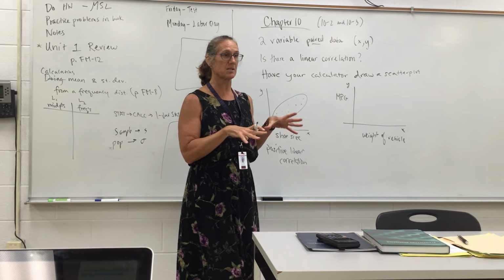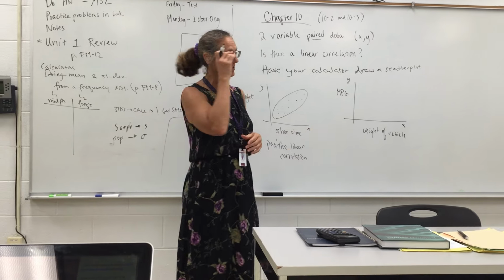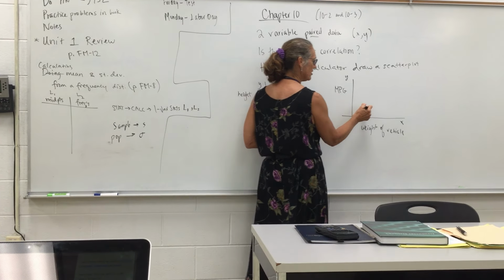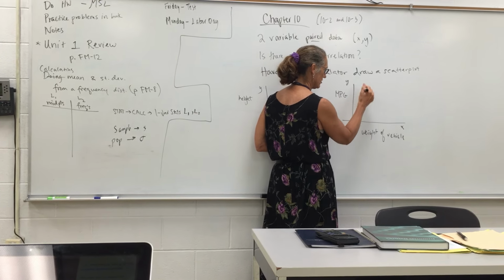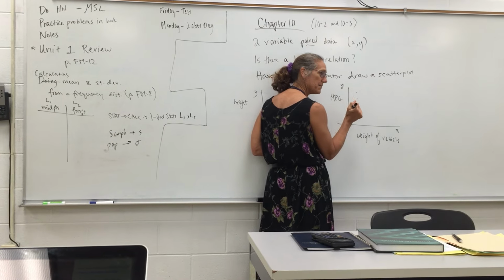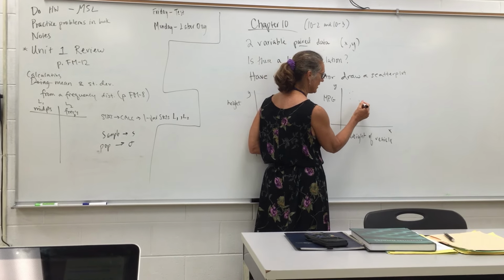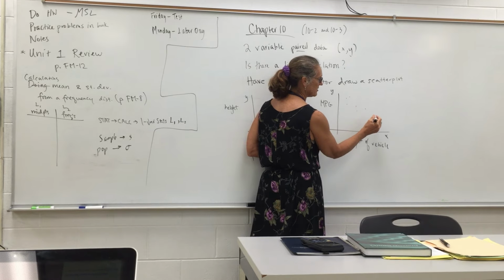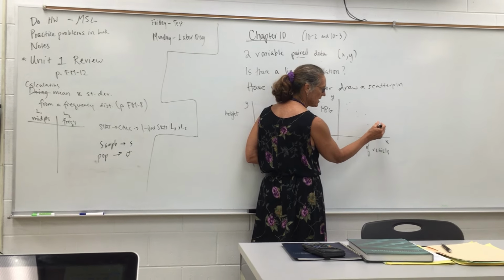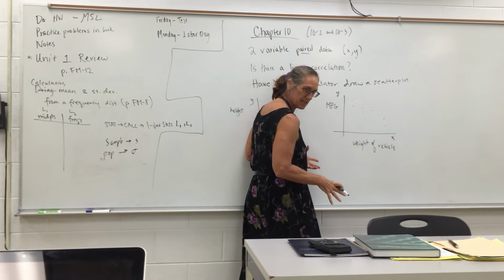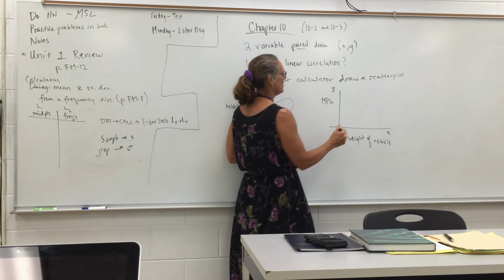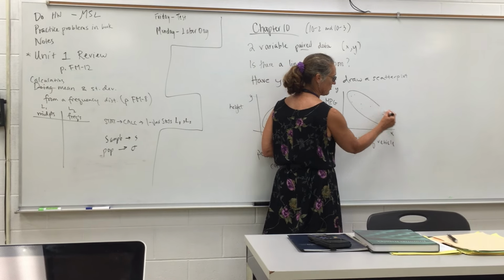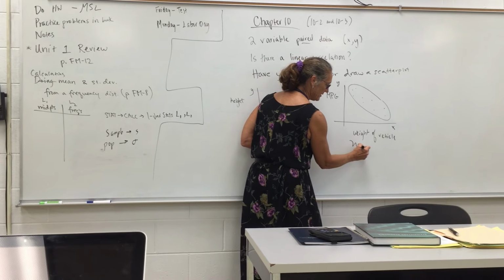There's some light sports cars with souped up engines that don't get very good gas mileage, but in general, your smaller vehicles are going to be up here, right? They're going to get a lot of miles per gallon if they're smaller and lighter. And then the heavier vehicles like big trucks and Humvees tend to get less miles per gallon. So that would be a downward trend or a negative linear correlation.